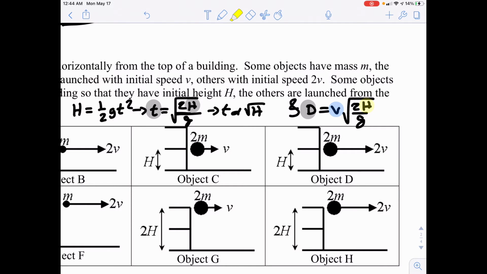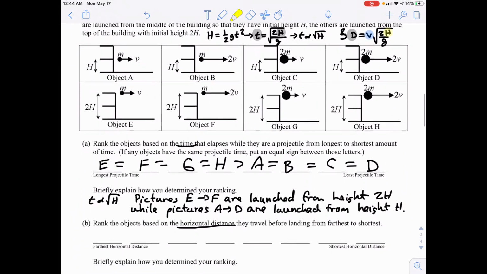The greatest combination of velocity and height will be the greatest distance. So let's take a look at that.